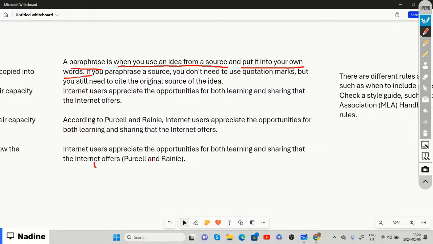So paraphrasing is when you use an idea from a source and you put it into your own words. You do not need quotation marks, but you're still definitely going to have to cite the original source.